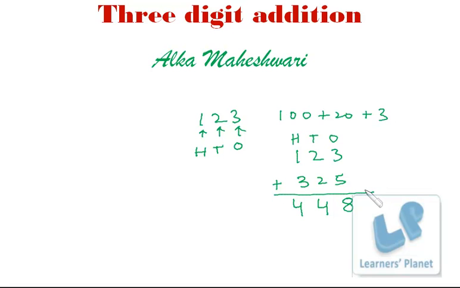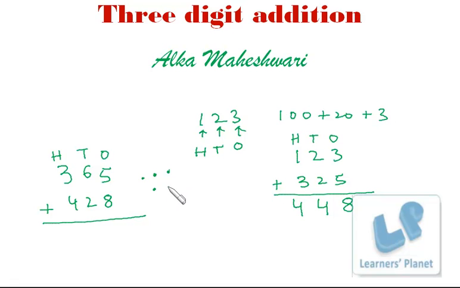But if there is a carryover, as we had in the case of two-digit numbers, how do we deal with it? So we take one example when there is a carryover. Suppose I have to add 365 and 428. This is the ones place, tens place and hundreds place, and you have to add 8 and 5. 8 is in your mind, 9 10 11 12 13.